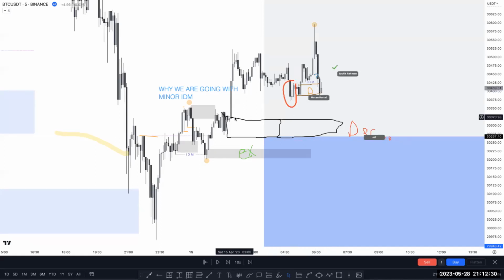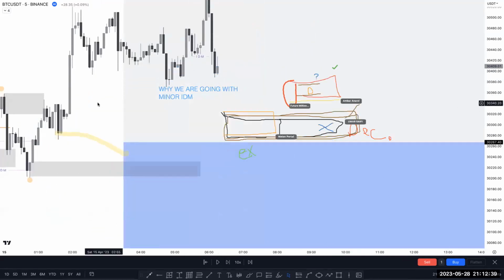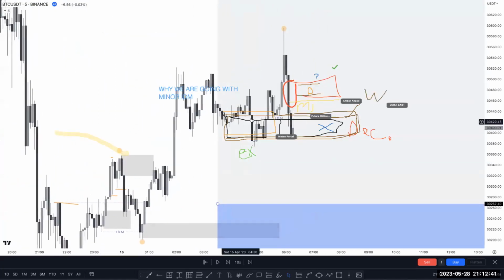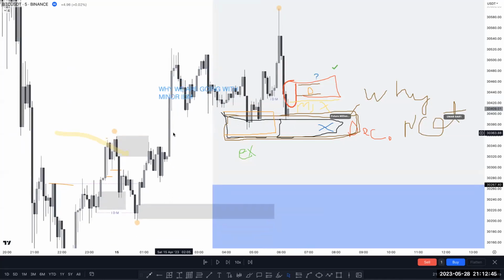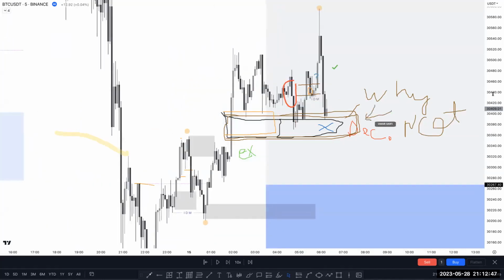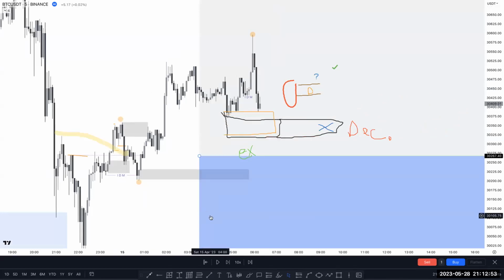And this is why we are going with a minor inducement. So I'm just marking the inducement to confirm this higher high, right? To confirm any main high and main low, we can use minor or major inducement.